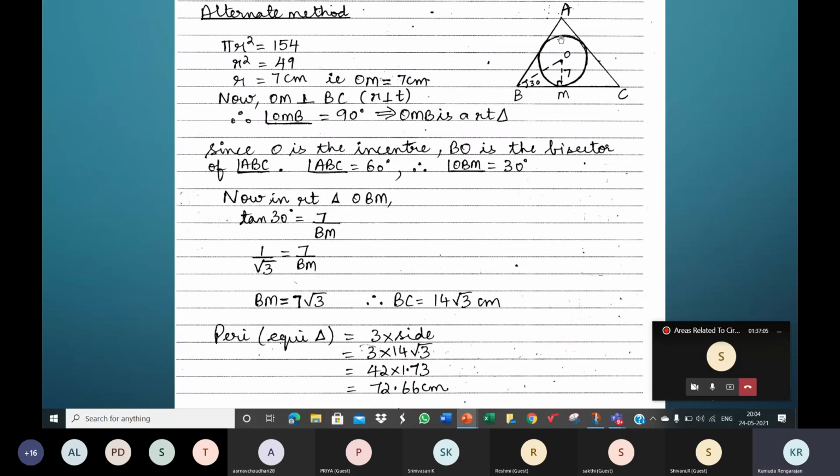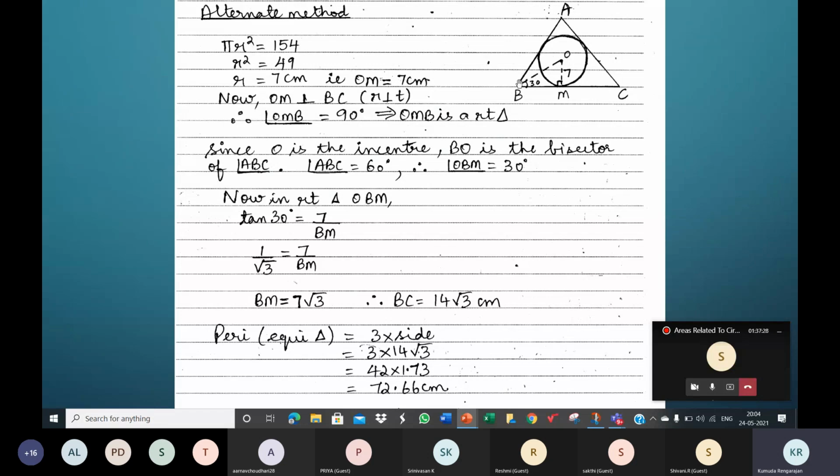So in this right triangle, we know that the radius is 7 centimeters. We found the radius is 7. And how was this 30 degrees? Because O is the incenter. And again, we do not have constructing incircles and circumcircles in our syllabus in CBSE.